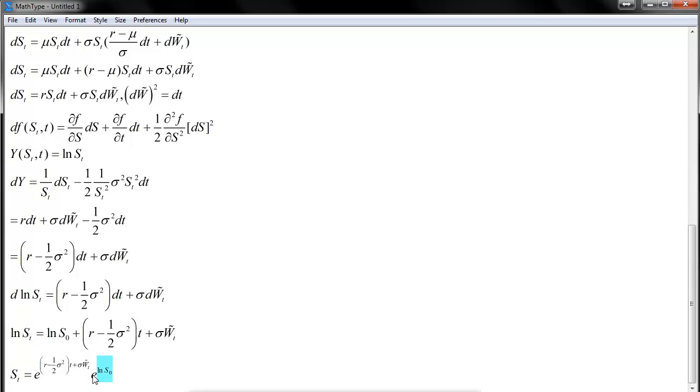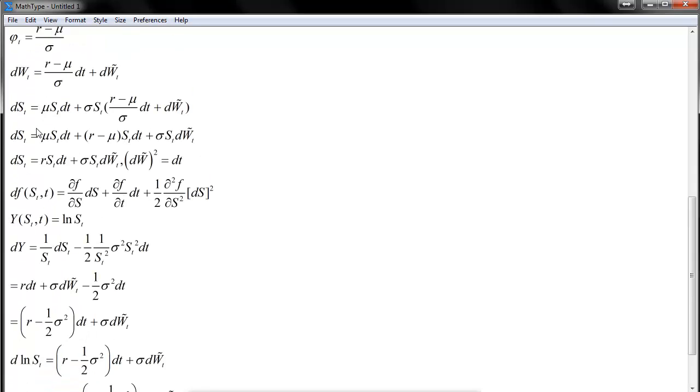And this one is equal to s 0. So this is actually the solution to the stochastic differential equation.